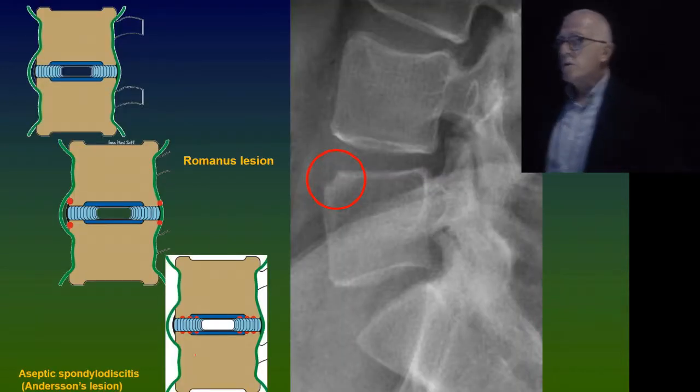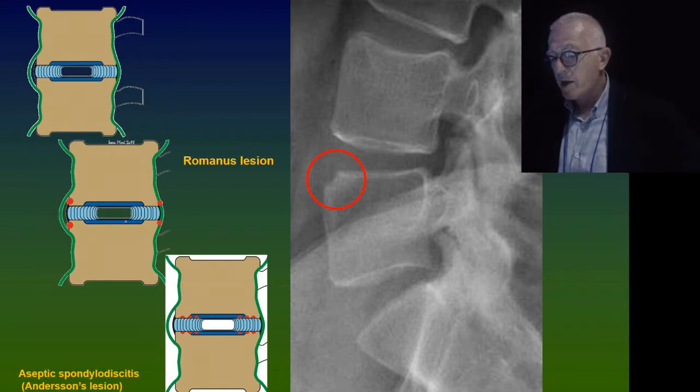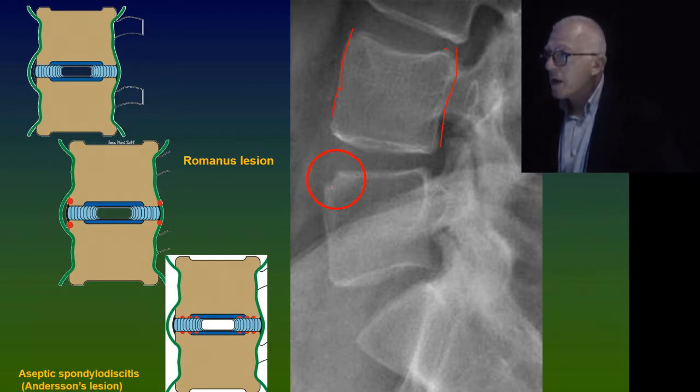Okay, let's go now to the plain films of the spine. In the spine, the enthesitis has two locations. One location is at the area where we have the anterior and the posterior longitudinal ligament. That's the insertion of the ligaments, also the lateral ligaments. But there is also another location, which is the interface between the disc and the end plate.